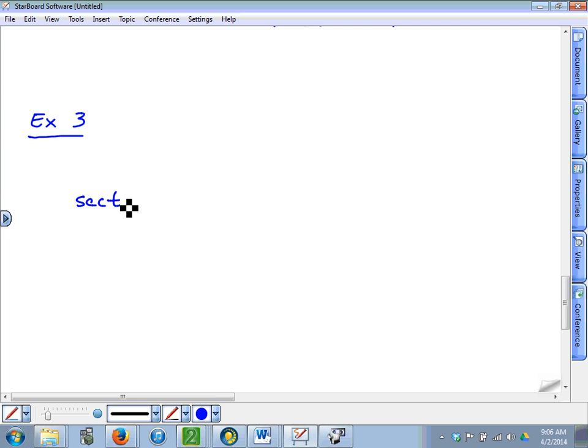Secant of t minus cosine of t over secant of t equals sine squared of t. Well, now I'm thinking the right side.